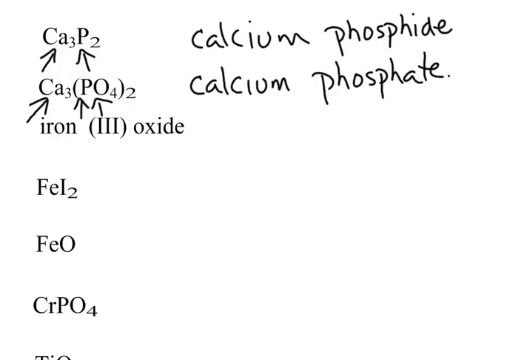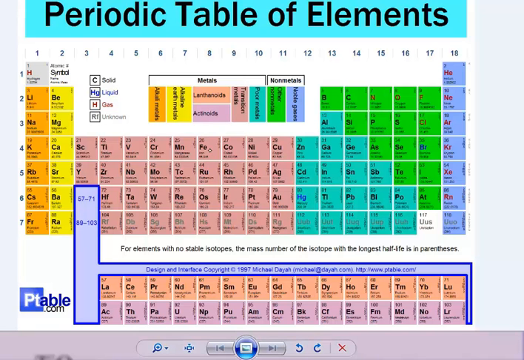Alright, now when we're actually doing this, recall that when we were dealing with the periodic table, there were times when I said that there were certain metals that would have more than a single combining capacity, and in the name, that was signified. In this case, you'll note that it's showing us a 3. So when we look at our periodic table here, you'll see that iron has two different combining capacities, +2 and +3.